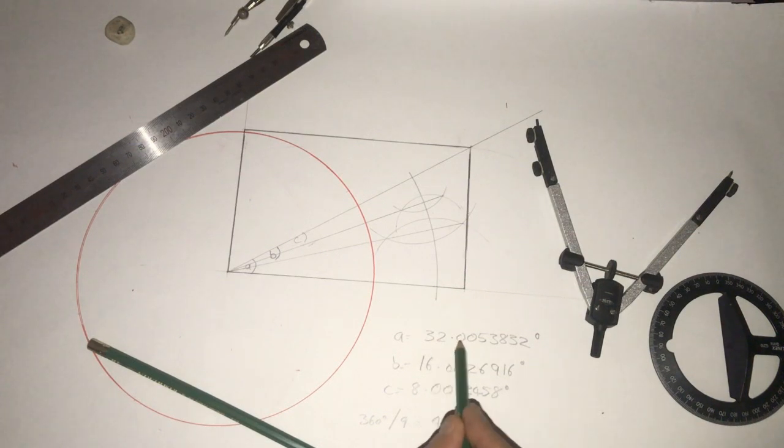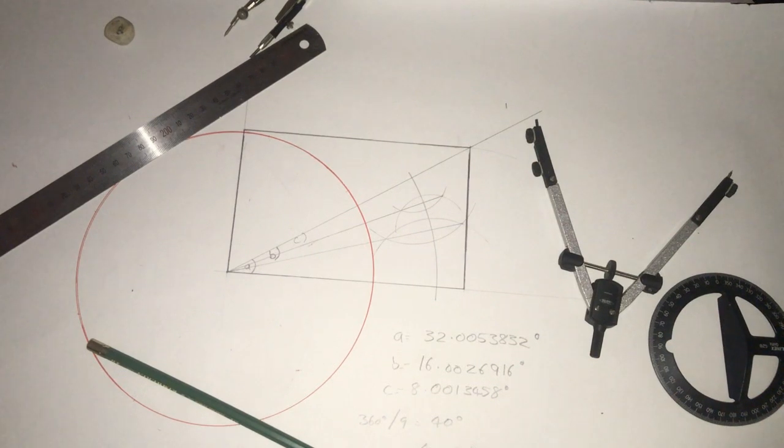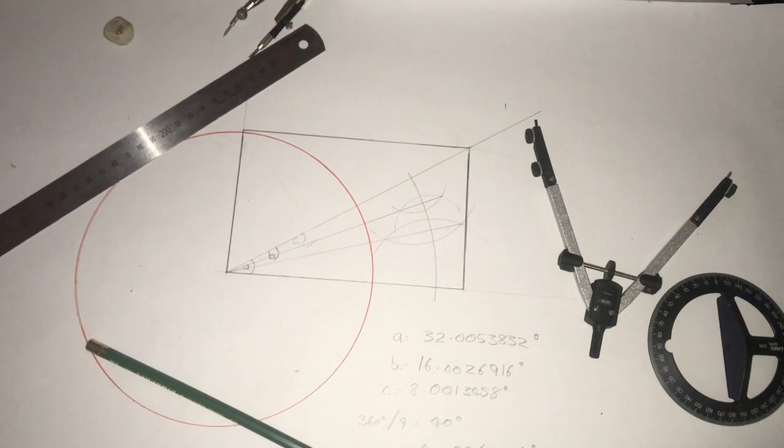And if I add 32 plus 8, I would get 40.006729 degrees. So less than 7/1000ths of a degree.